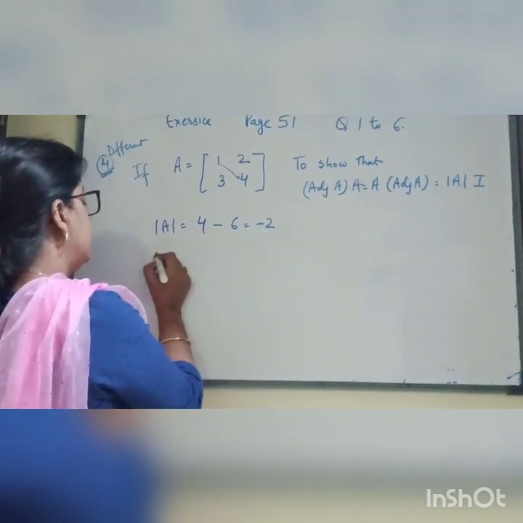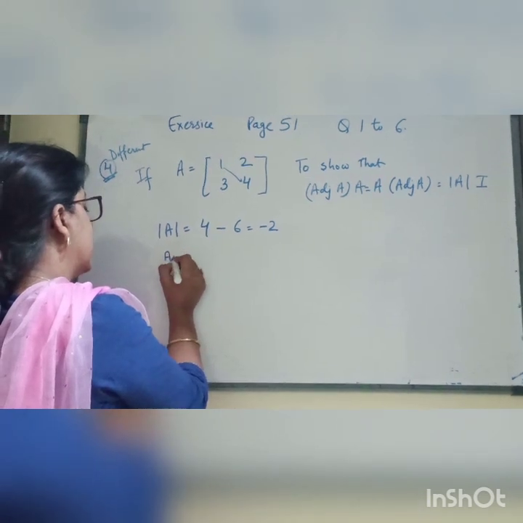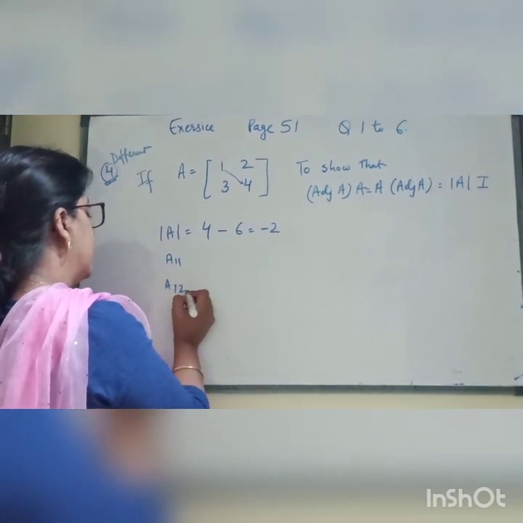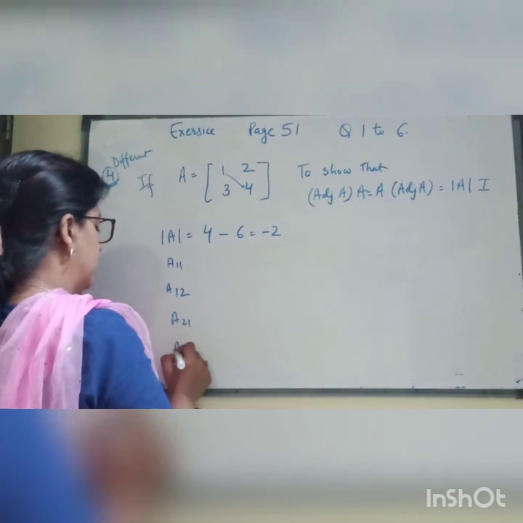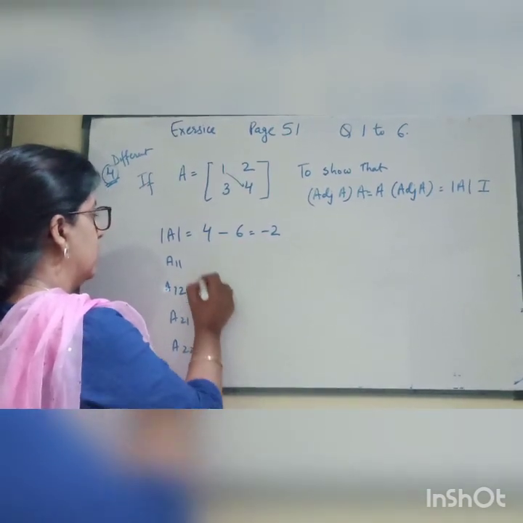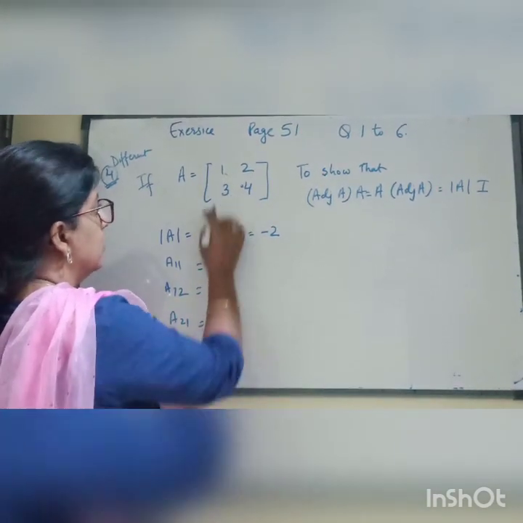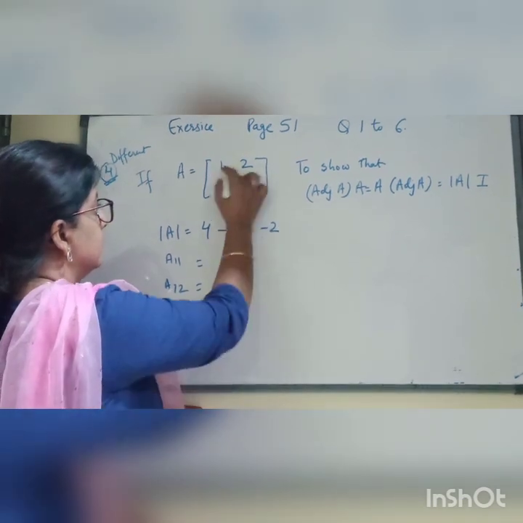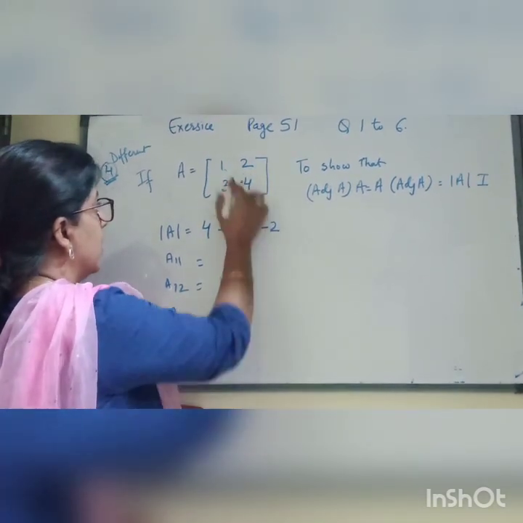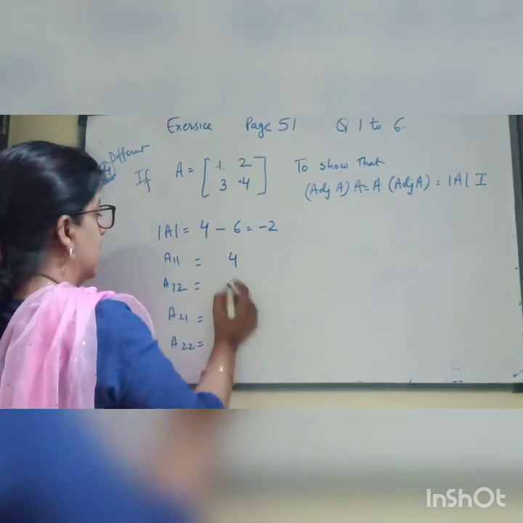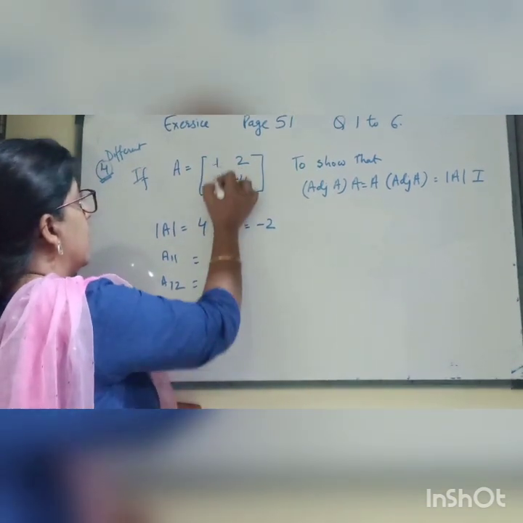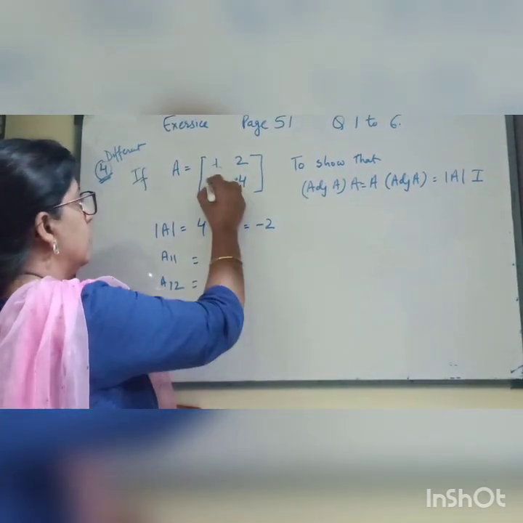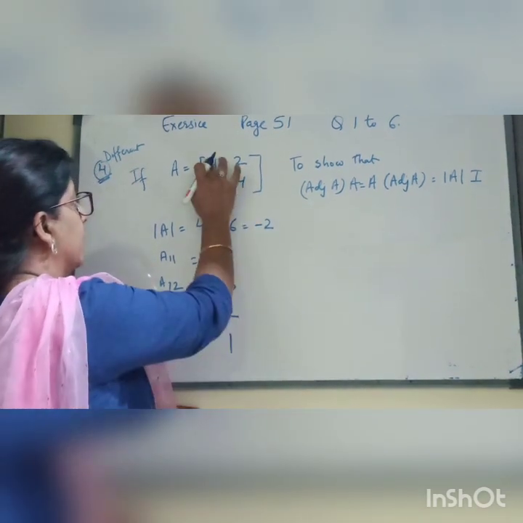Now the cofactors, A11, A12, A21, A22. So A11 is 4, A12, first row second column, is 3, A21 is 2, A22 is 1.